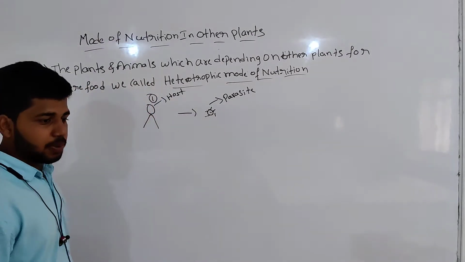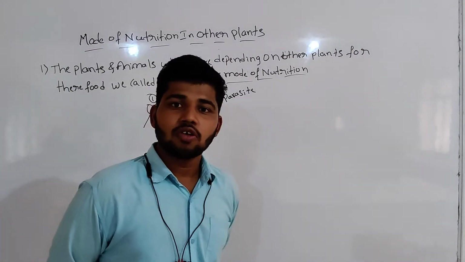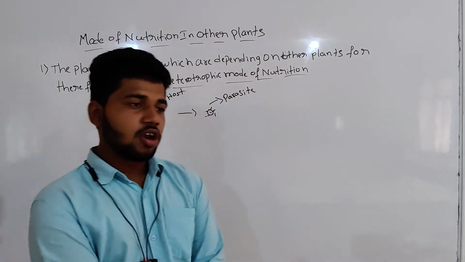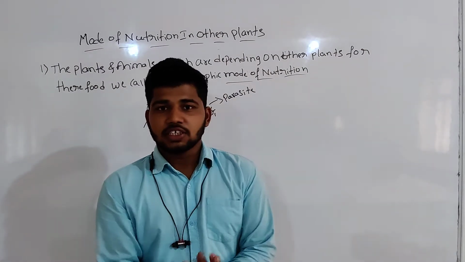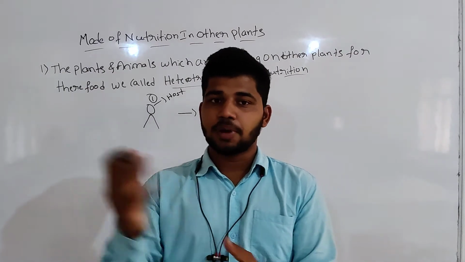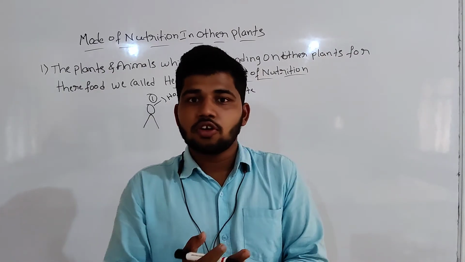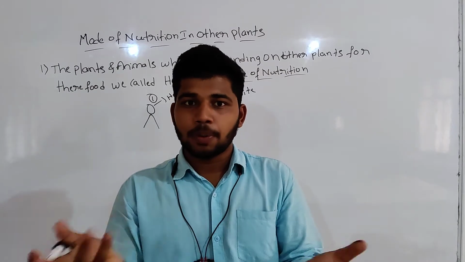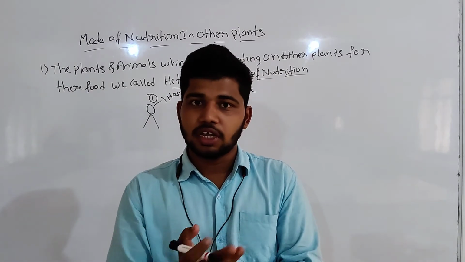And take another example, the Cuscuta plant. Cuscuta grows on the neem plant, and it climbs on the neem plant. But Cuscuta does not have any chlorophyll pigment in its leaf.